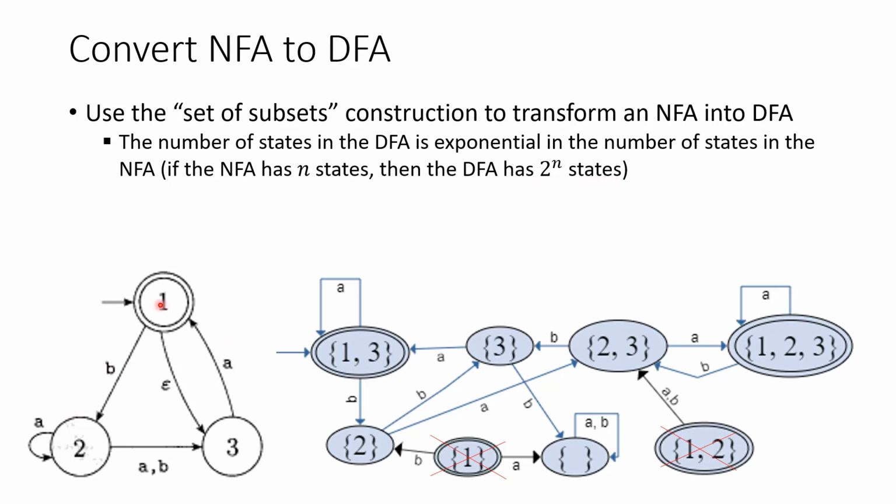In this example, n is equal to 3. So the NFA here has 3 states, and the equivalent DFA has 2 to the 3, which is 8 states, because the number of subsets of a set of n elements is equal to 2 to the n.